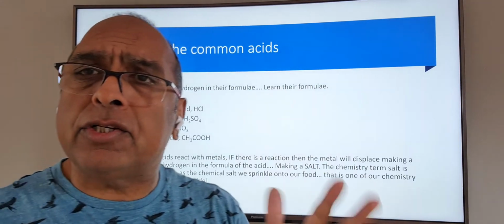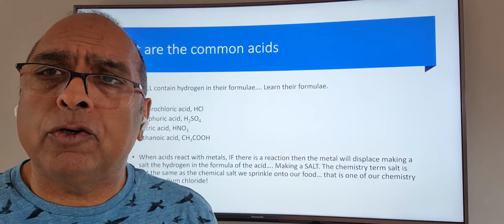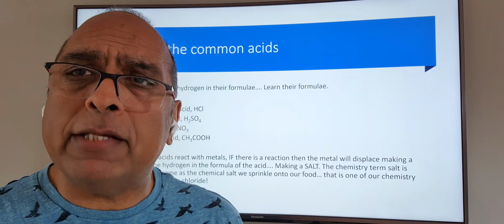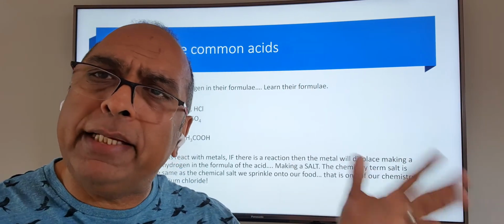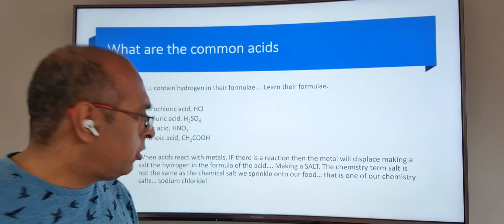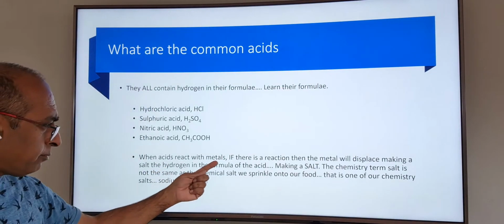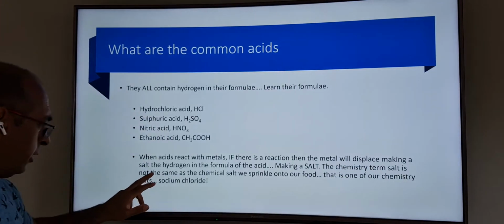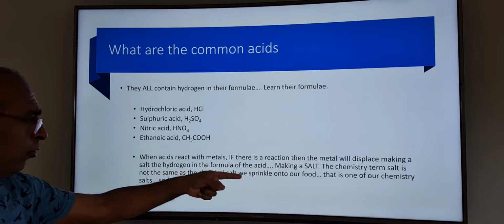And starting with that idea, what if you've got a metal? When the reaction happens with a metal, the metal replaces the hydrogen. So if you have a metal, and if there's a reaction, the metal will displace the hydrogen in the formula.